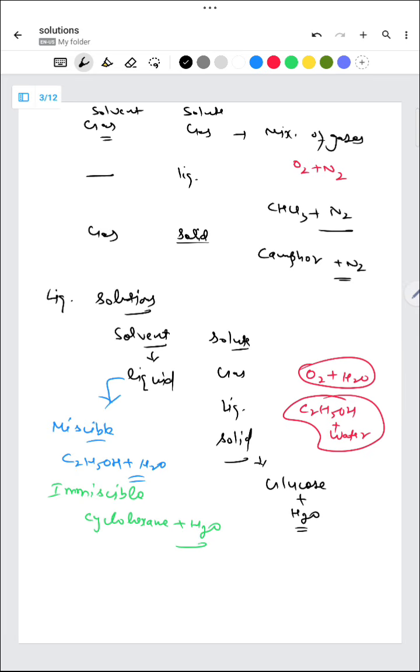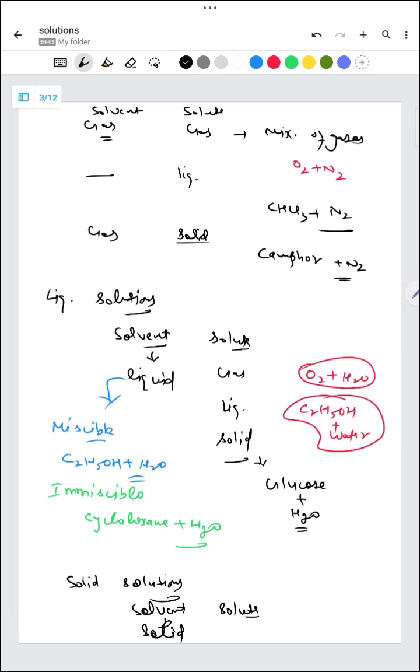Now the third kind of category is the solid solutions. Solid solutions are those solutions in which the solvent we are using is a solid, and the solute can vary.